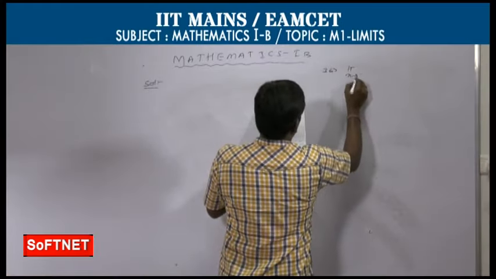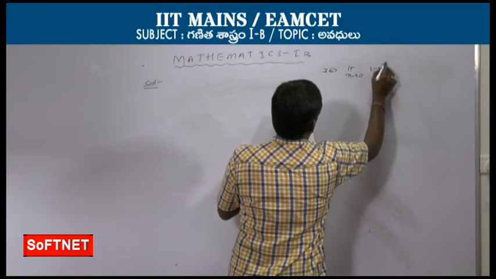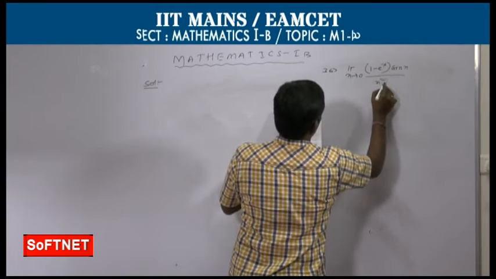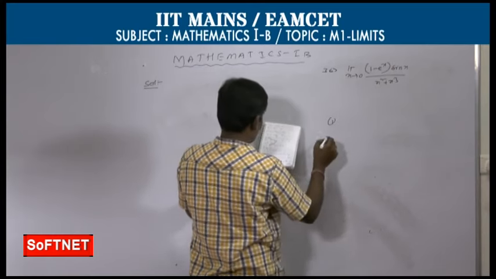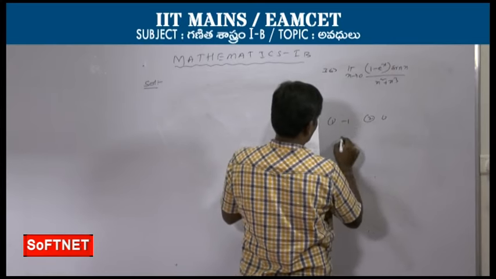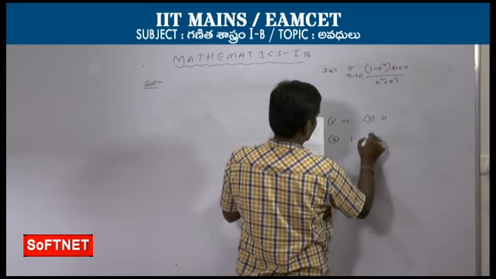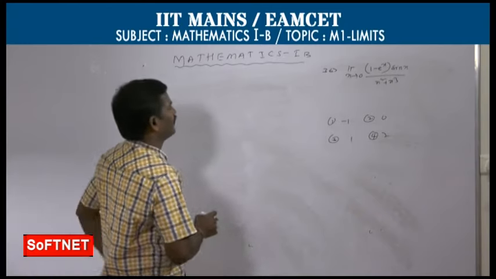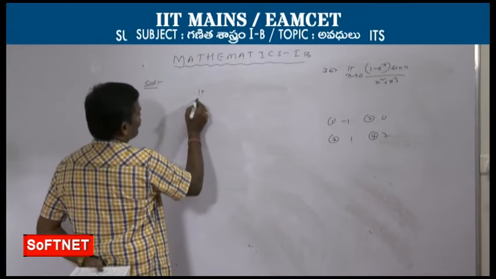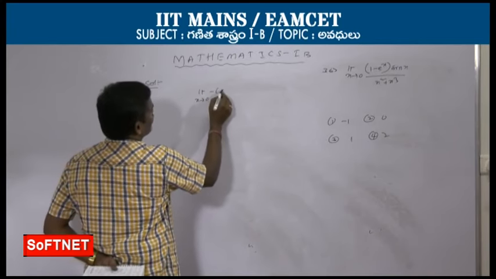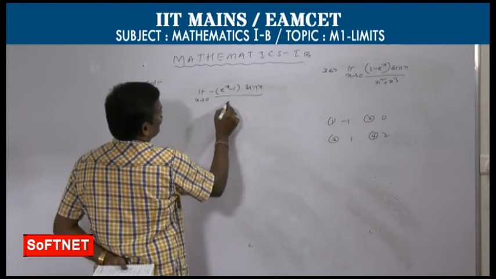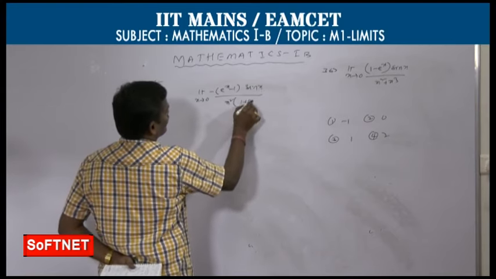Limit as x tends to 0 of (1 minus e power x) into sin x by (x square plus x cube). The first option is minus 1, second option is 0, third option is 1, fourth option is 2. Here also we need to form some standard limits. Taking minus common in the numerator, limit as x tends to 0 of minus (e power x minus 1) into sin x by x square, taking 1 plus x common.